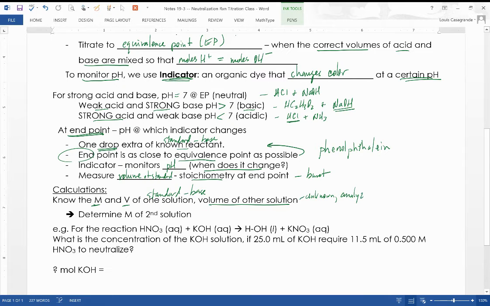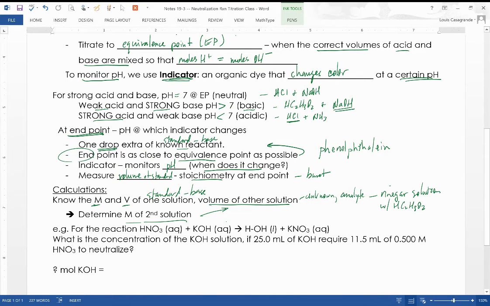This is what's being analyzed, or analyte. And in our lab, this is going to be our vinegar solution, with acetic acid, HC2H3O2, in it. And so we're going to determine the molarity of that other solution.